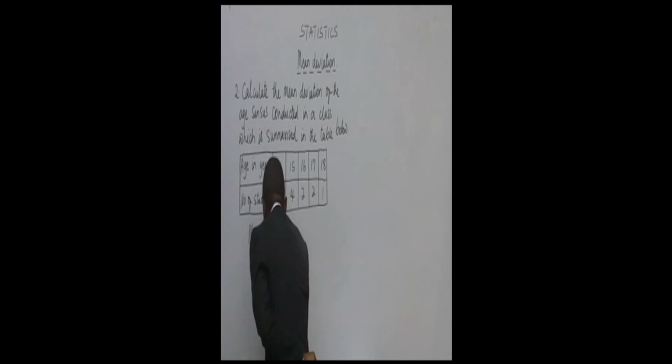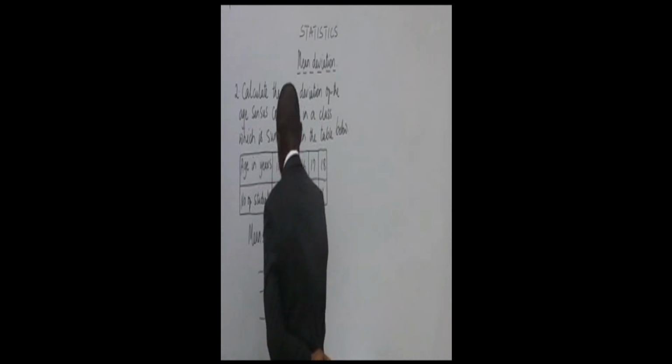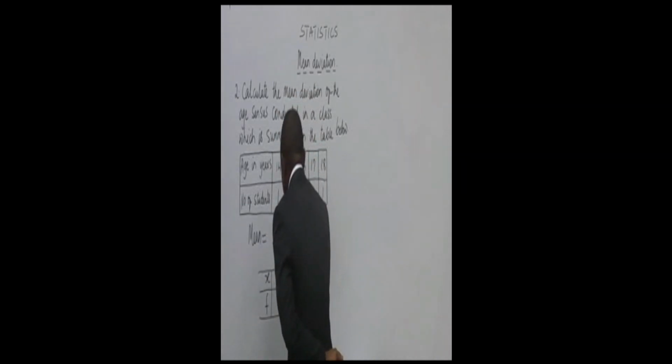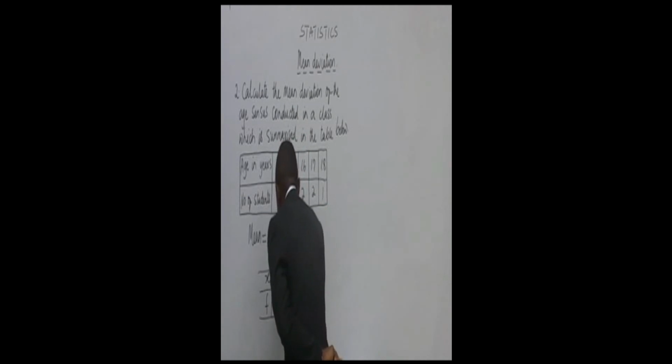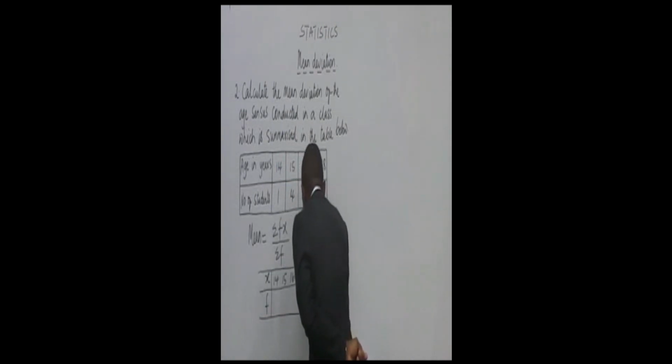When you have X and you have F, it can only work latitudinally. That means horizontally. Okay? Let's put our X. The first is 14. The other one is 15. The other one is 16. The other one is 17. And the last one is 18.